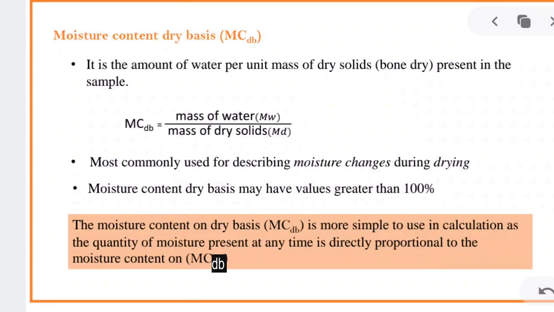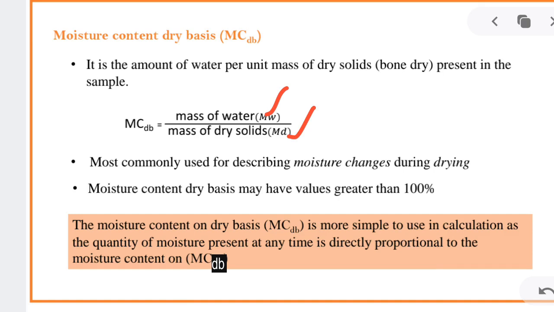Next, moisture content on dry basis. It is the amount of water per unit mass of dry solids present in a sample, or the ratio of mass of water to mass of dry solids. This kind of representation is most commonly used for scientific purposes or during drying of any agriculture product, because it's very simple to use in calculations, as the amount of water present in the sample is directly proportional to the dry solids.